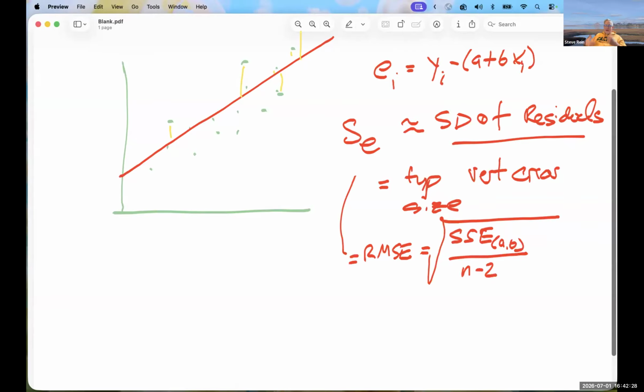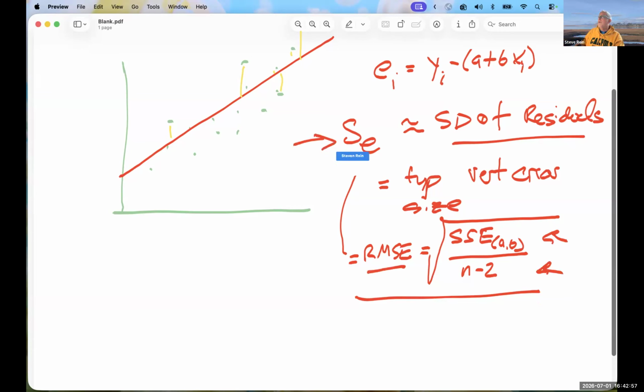Back in that other class where we talked about n minus 1 as a denominator you use to not have biases, yeah, we divide through by n minus 2 for that reason here. That is one number, root mean square error. If you have a sum of squared errors, you could divide through by n minus 2, and you have the number called root mean square error, or S sub E.